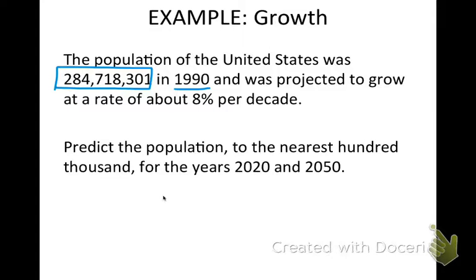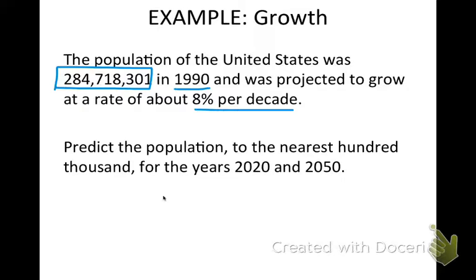It was projected to grow at a rate of 8% per decade. So we have to remember the word decade there. It's not by years. A decade is 10 years, right? So that'd be 3 decades to 2020. Now we need to predict the population to the nearest 100,000s for the years 2020 and then 2050.